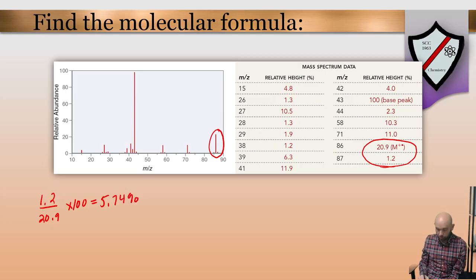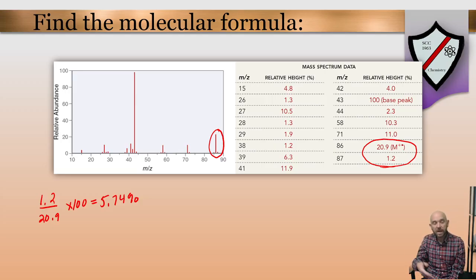So about 5.74% of our molecules have had one of the carbons replaced with a carbon 13 instead of a carbon 12. 95% of them have all carbon 12s. 5% of them have some carbon 12 and one carbon 13.